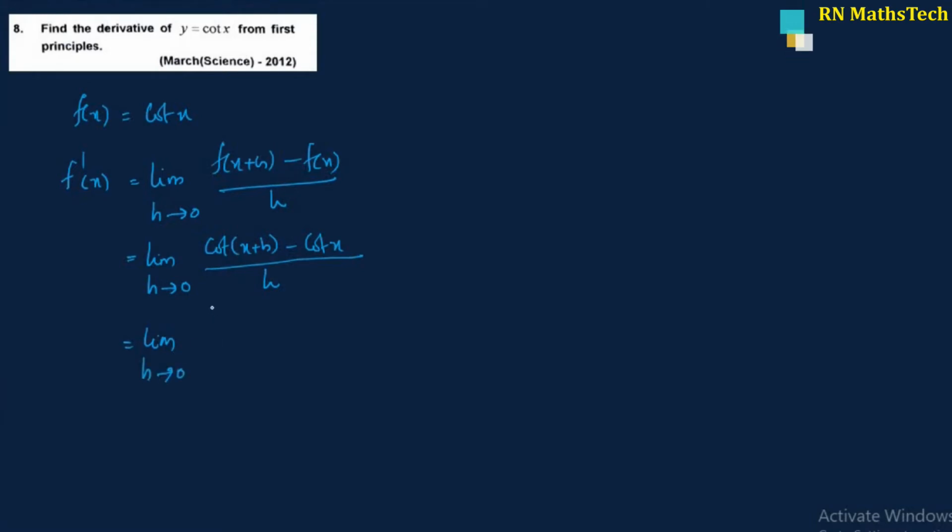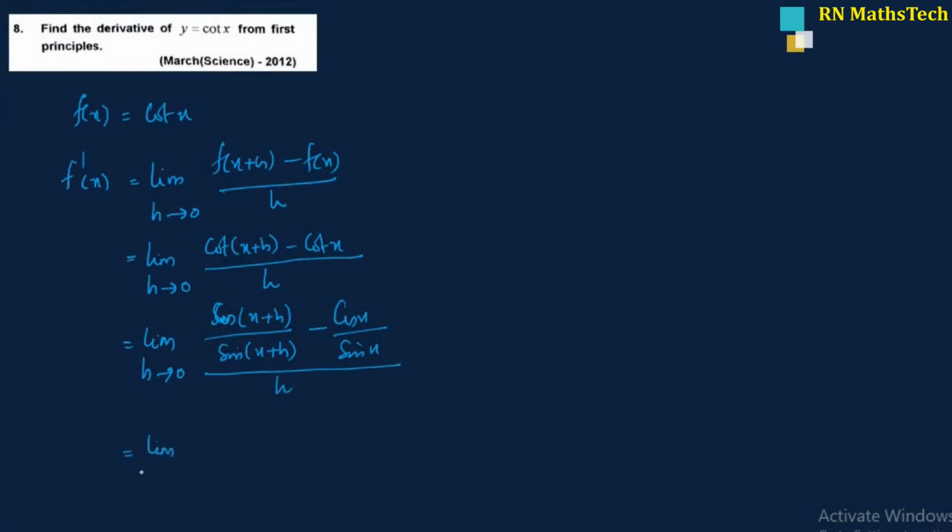Equal to limit h tends to 0, cot of x plus h is cos of x plus h by sin of x plus h, minus cos x by sin x, divided by h.